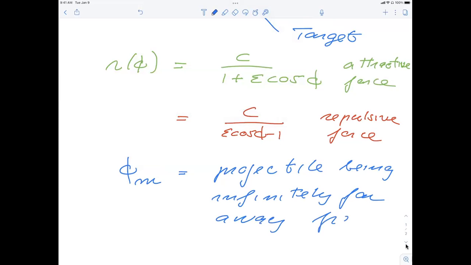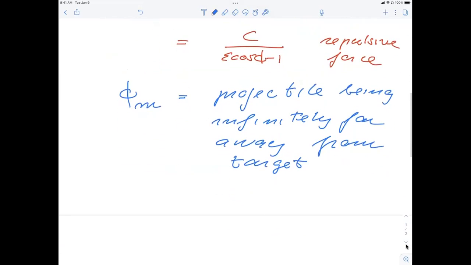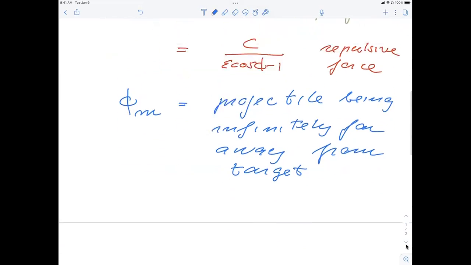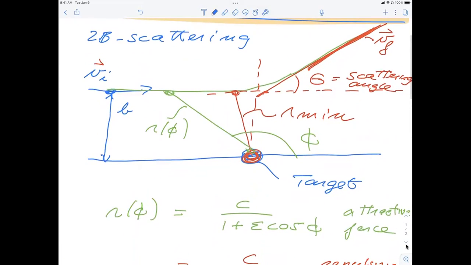If you look into Taylor, we are not going to do the geometry here. So there's going to be an angle phi of m here. It's not exactly this angle, but it's the angle where the target is going to be far away.